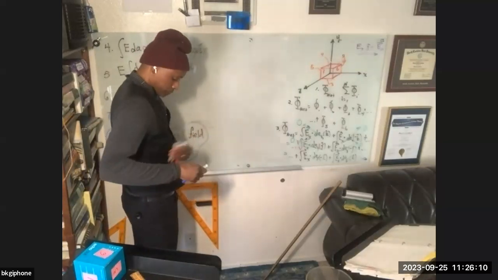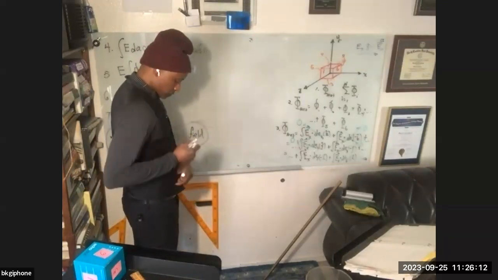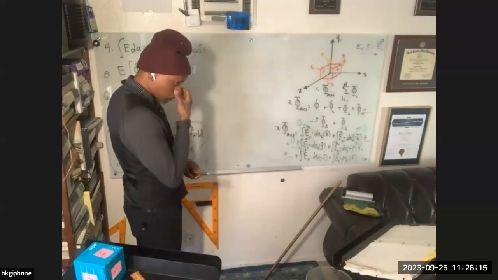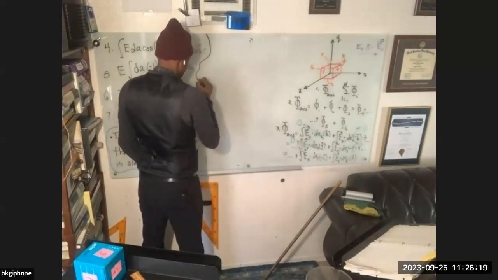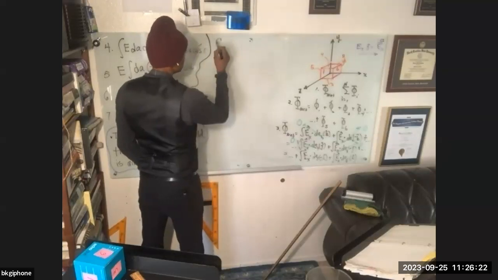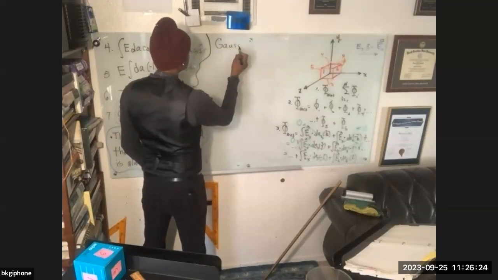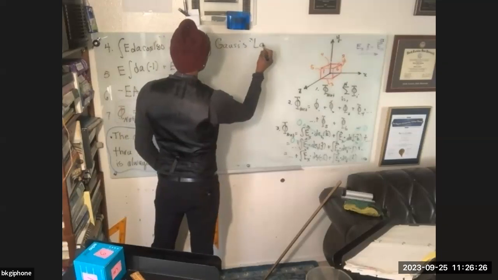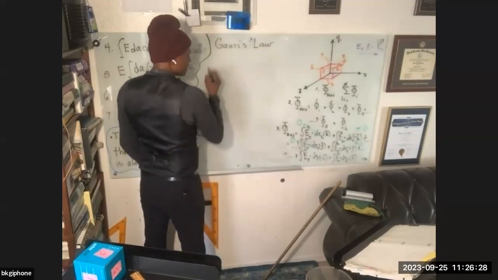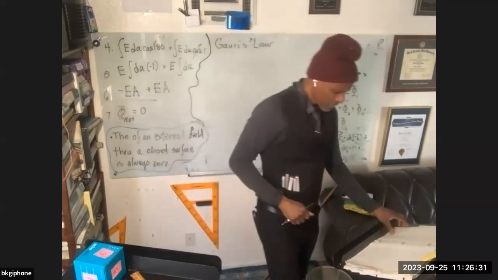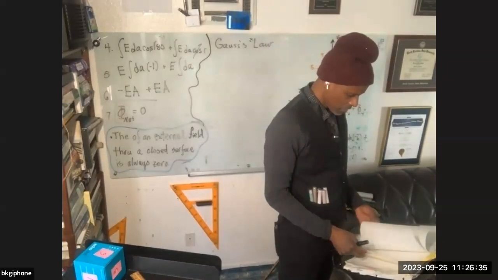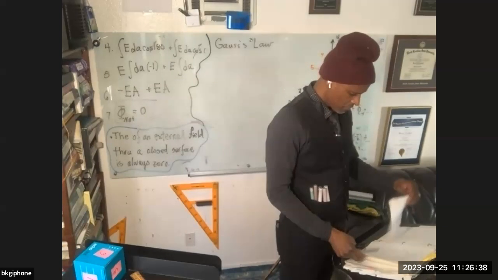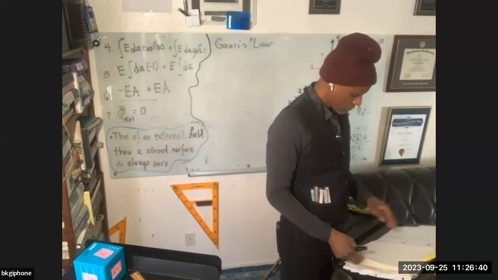Gauss's law. This is Frederick Gauss, I think, one of these 18th century mathematicians, maybe a contemporary of Isaac Newton.